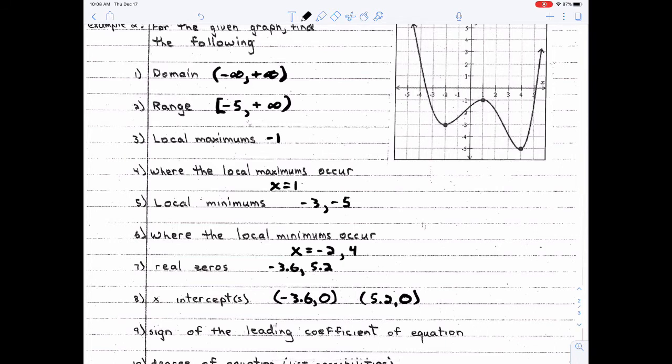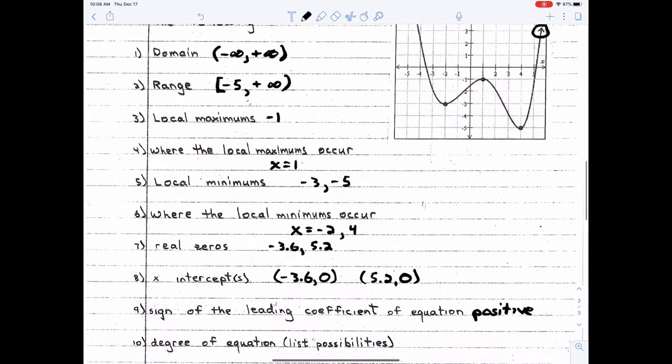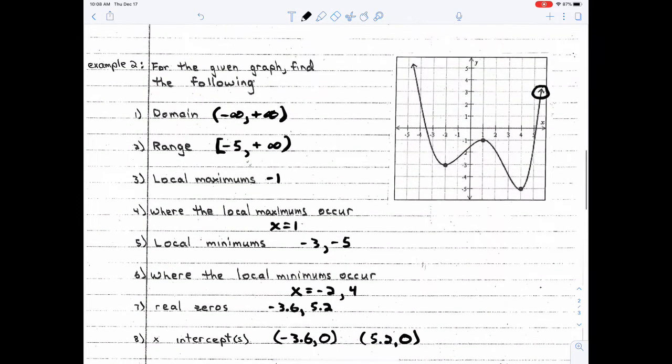Sign of the leading coefficient: well, the right is going up, so it's positive. Okay, degree of the equation. Now, there are 4 sections to this graph. There's one here, another one here, another one here, and another one here.